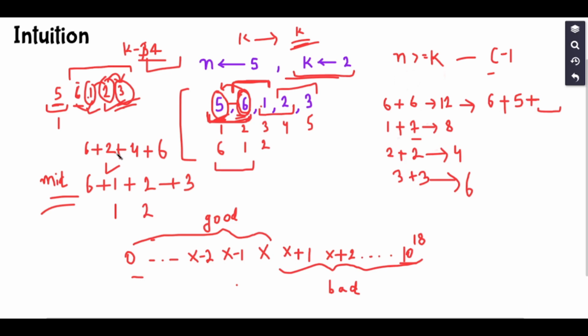Why? Because 1 extra mushroom on the third position, 2 extra mushrooms on the fourth position, because 2 minutes will have elapsed, and 3 extra mushrooms on the fifth position, because 3 minutes would have elapsed. That is going to give me 1 plus 2 plus 3, that is 6 extra mushrooms which I had to add to this sum: 6 plus 1 plus 2 plus 3.